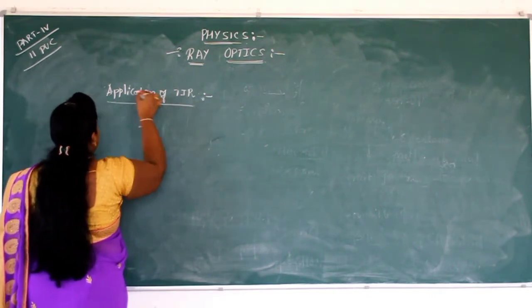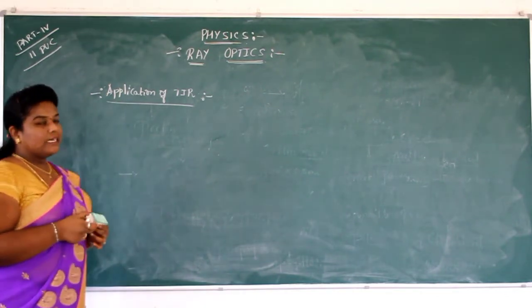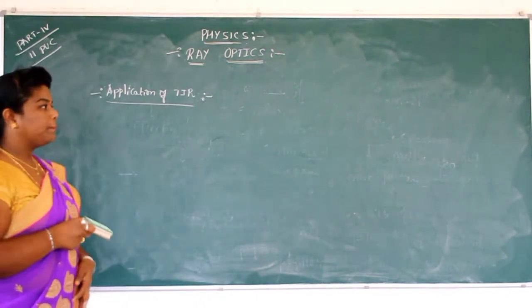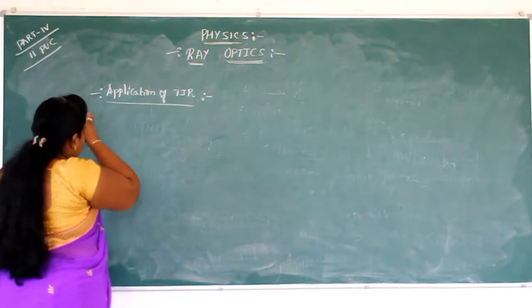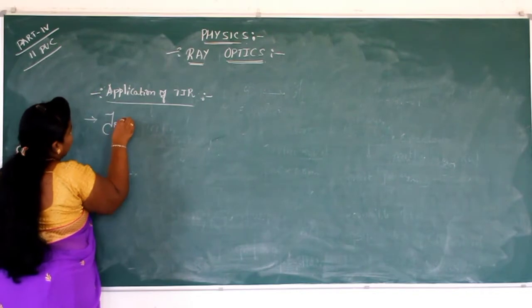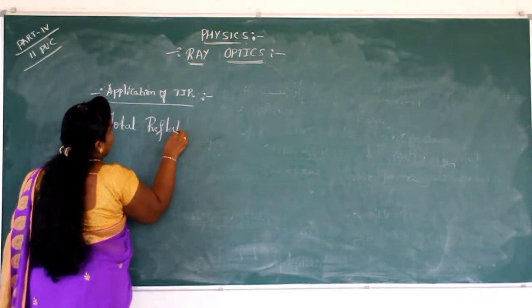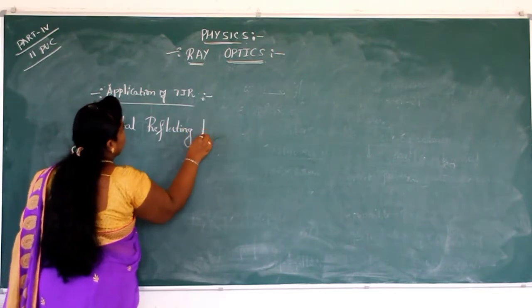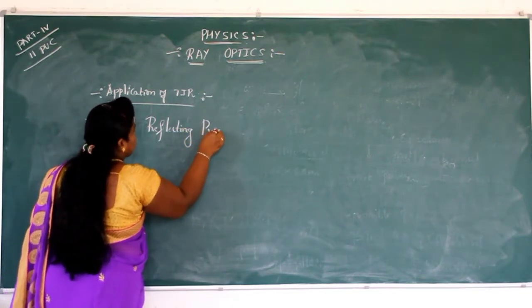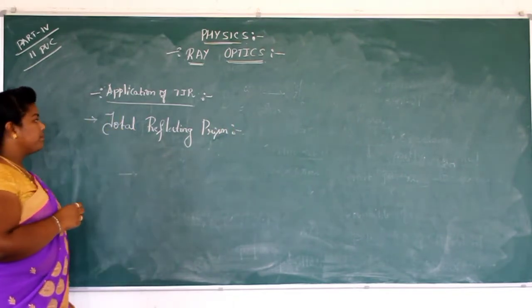I already discussed the first application, that is the brilliance of diamond. Now let us move towards the discussion of how total reflecting prisms work and how they form the image.